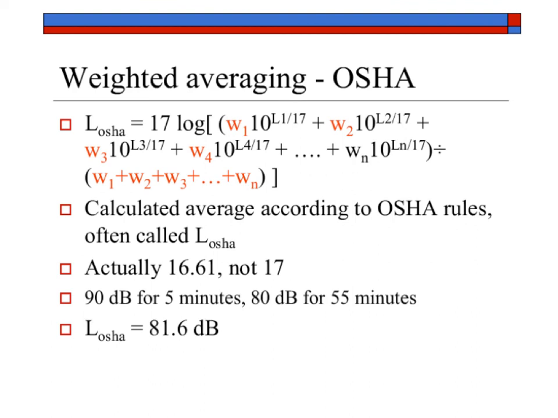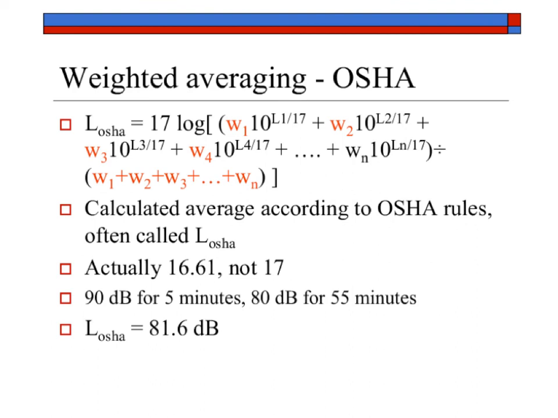So now we have an even more complicated formula for computing the average, and this is done because OSHA didn't want a strict, true time-weighted average based on their epidemiology studies. At the time they enacted this rule, it was decided to make a slight change, and this is the change that was made.